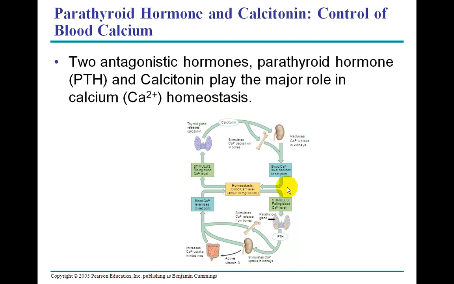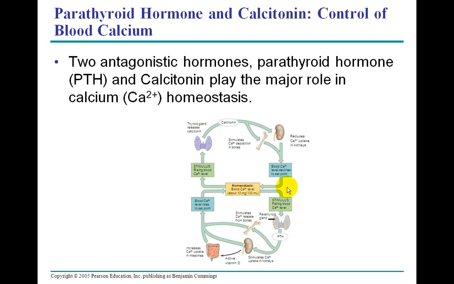The parathyroid hormone and calcitonin are the controls for blood calcium. These are two antagonistic hormones, one is parathyroid hormone, PTH, and the other is calcitonin, which comes from the thyroid gland. They play a major role in calcium, Ca2+, homeostasis, trying to maintain a very tight balance of calcium in the bloodstream.